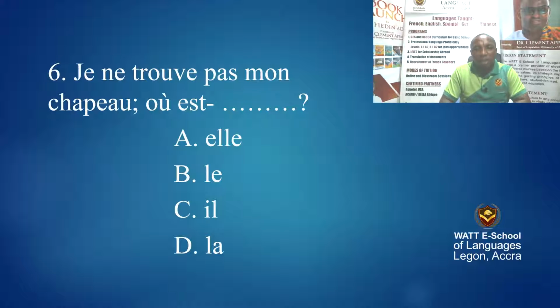That's the question you are supposed to ask. Since mon chapeau is masculine singular, you need a pronoun that is masculine singular. To that effect, let's read the answers: elle, et, dit, le, si, il, dit, la. So the correct one, Nicholas, you said, il. Où est-il?